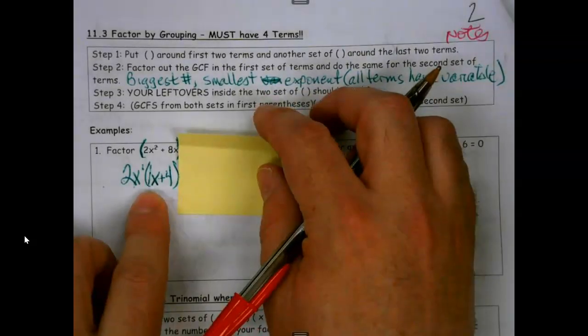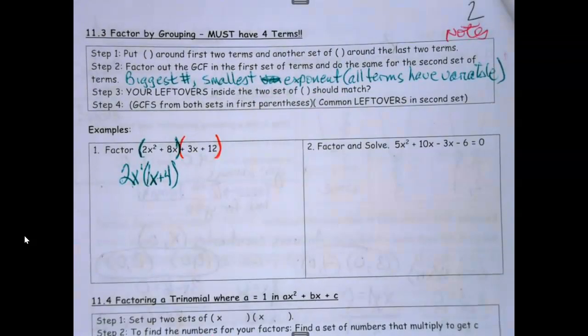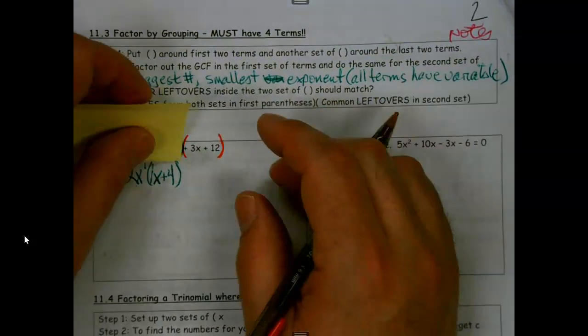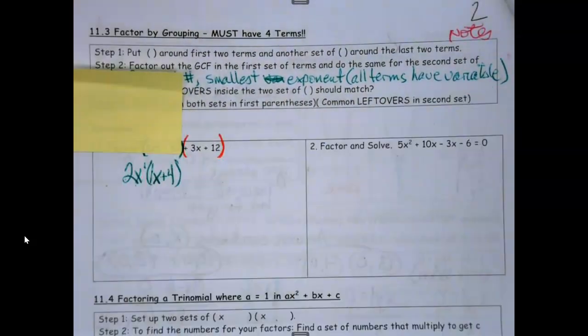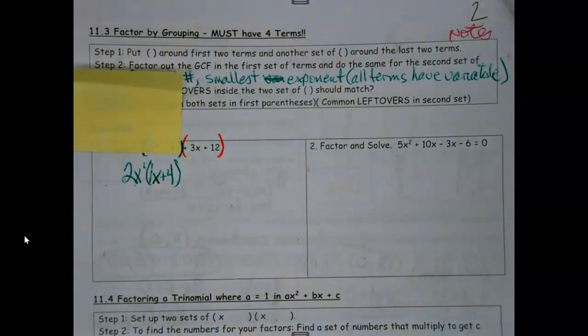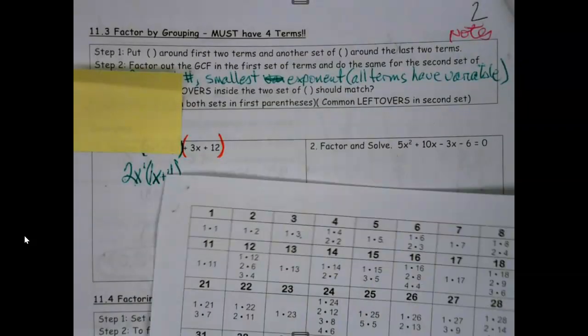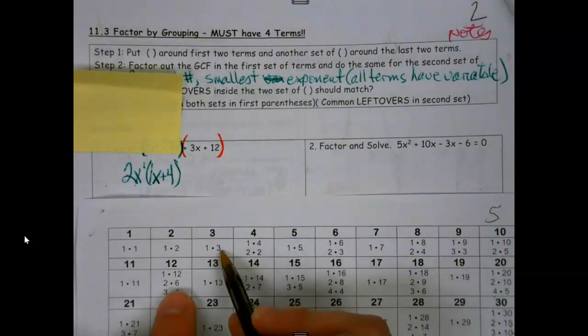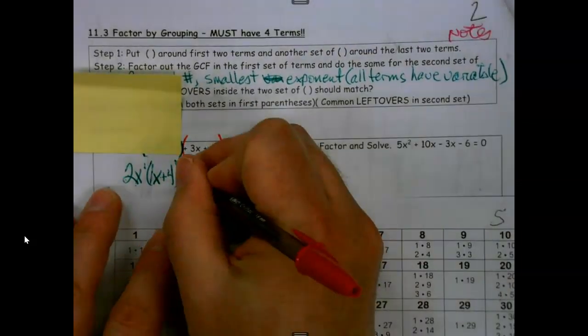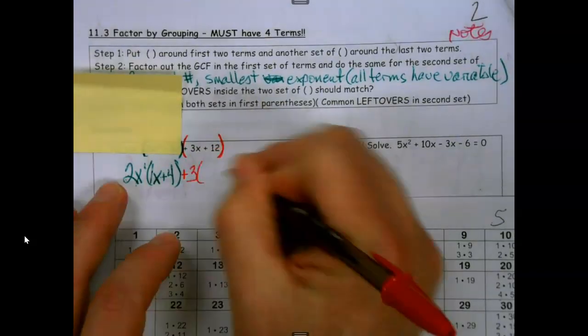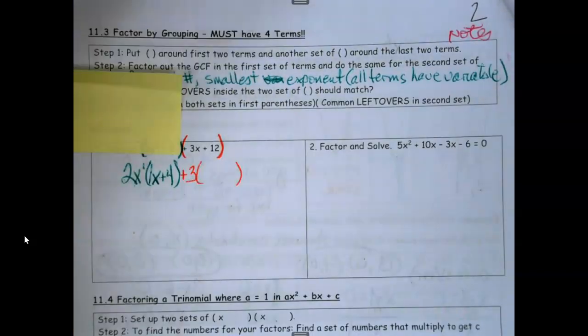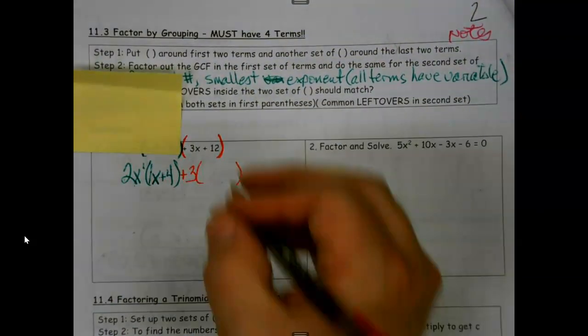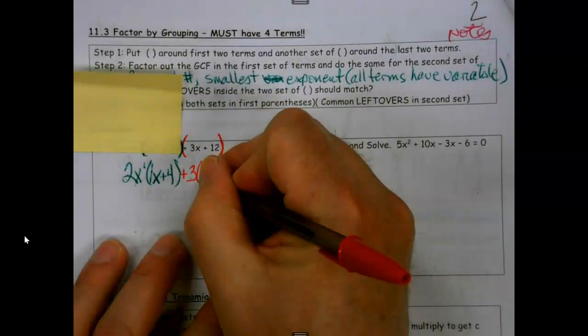Once we've got that factored, now we're going to switch roles. And we're going to do the same thing to the red set of parentheses. So what's the biggest number that goes into 3 and 12? 3. So I go through and I divide. 3 divided by 3 is 1, okay?